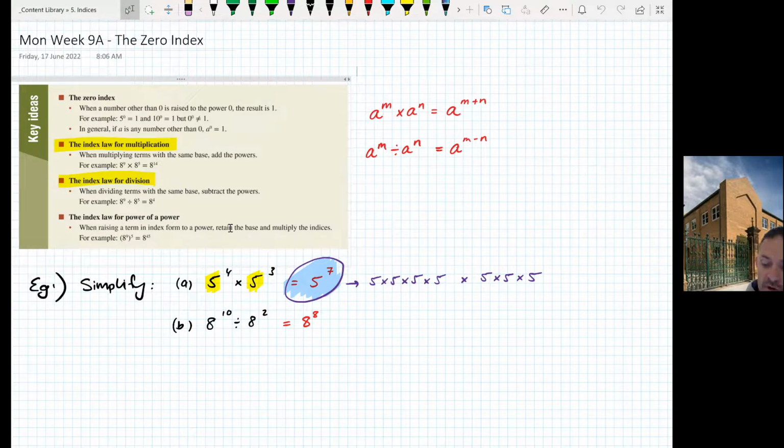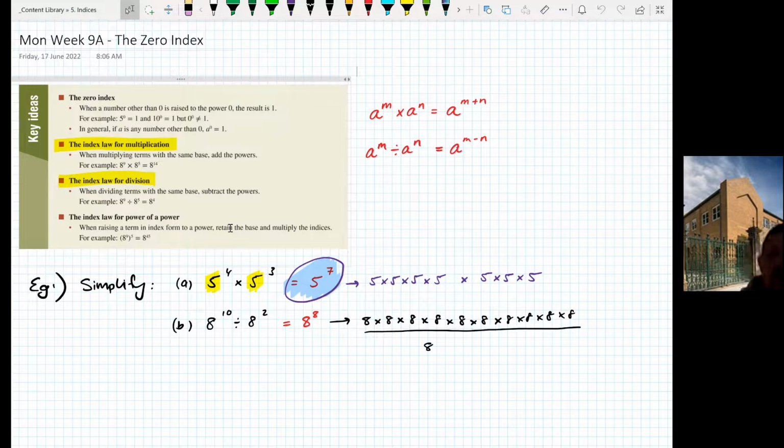Now, if we drew this one out in a little bit longer form, although I've used some big numbers here, we've got 8 multiplying by itself 10 times: 1, 2, 3, 4, 5, 6, 7, 8, 9, and 10. And we're dividing it by 8 times 8, which means 8 to the power of 2.